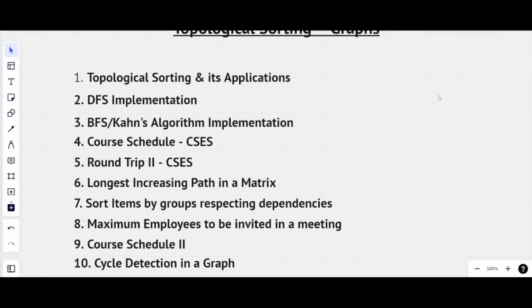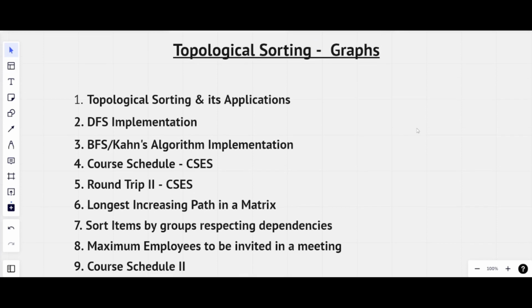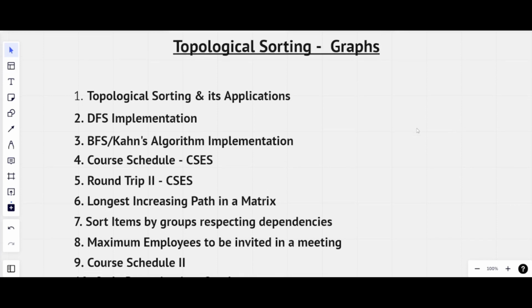Okay, so in this series we'll be going through every step of the process, starting from the designing of the topological sorting algorithm, its applications, its implementation details, as well as how to identify problems which involve the concept of topological sorting.